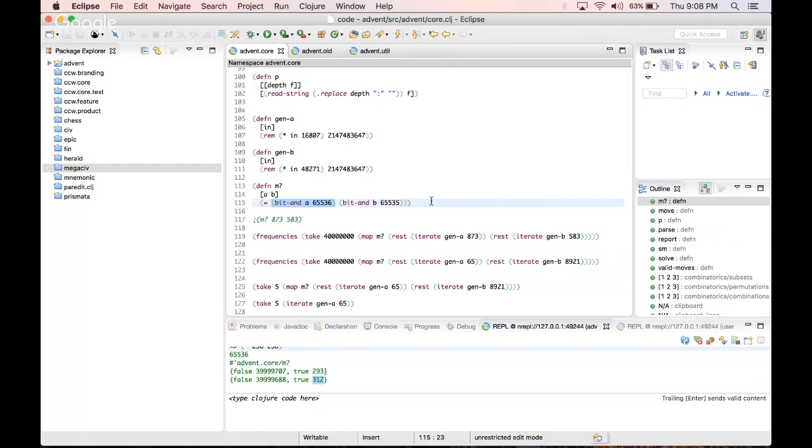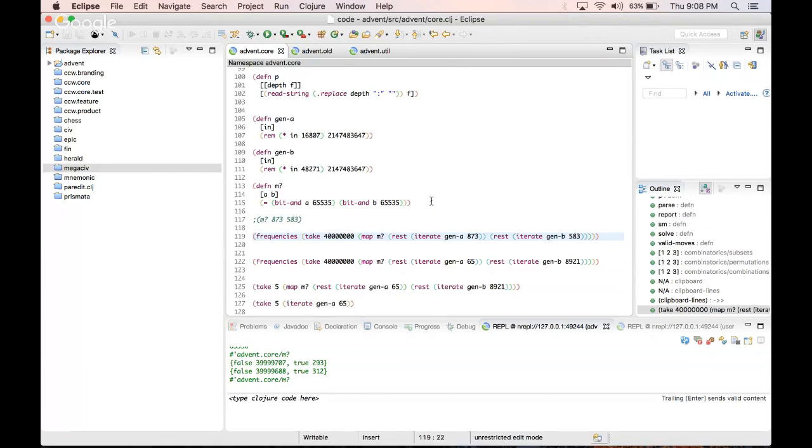Am I missing? Oh, yeah, that is a bug. Yeah, the dangers of using decimal representations of numbers is you might type a 6 where it needs to be a 5.